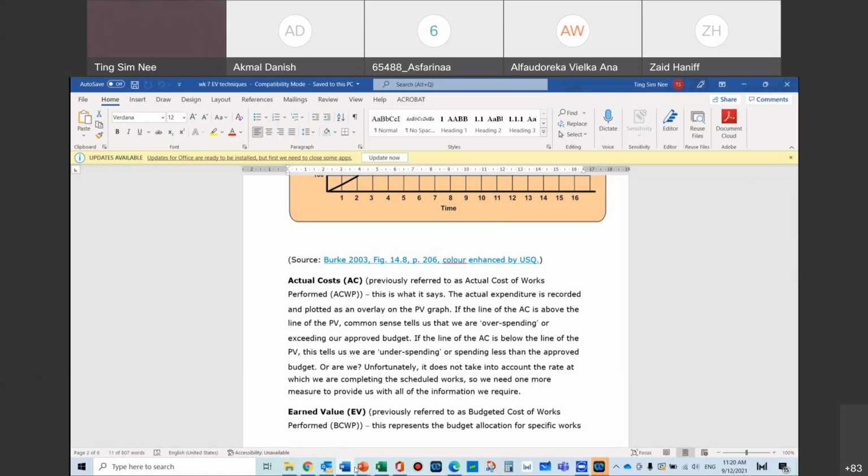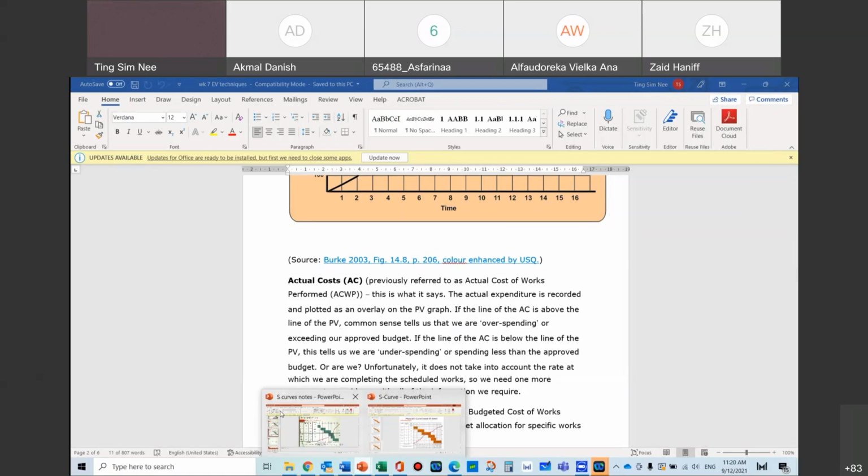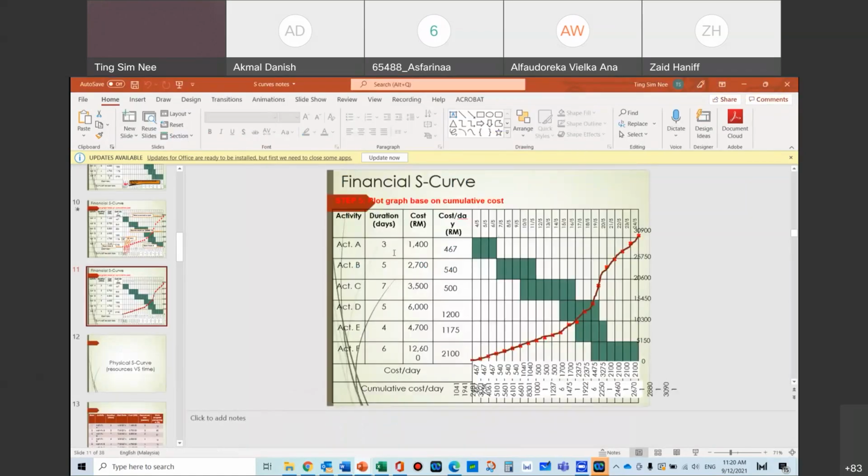When you go to your original S-curve, now you can see activity A. When you have EV, you always have a cut-off point. Let's say I cut off at day number 3. If we imagine this as day number, or this is month, let's say, we cut it off at that one point. When you use EV technique, you need to cut off because we are looking at what happened to your cost and time at that point in time.